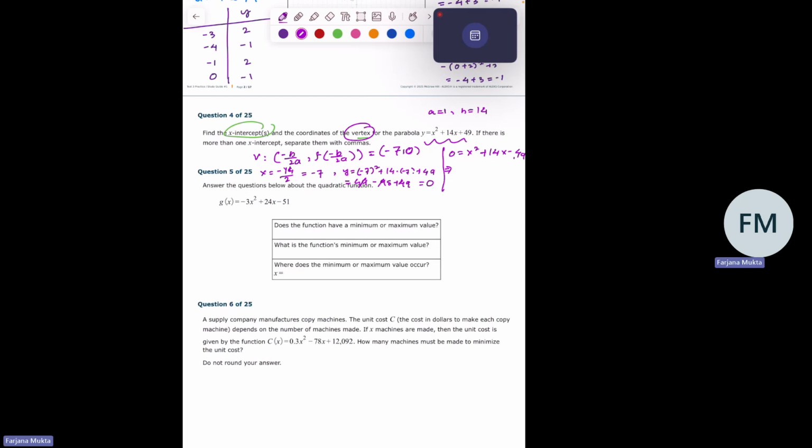Oh, actually everything was positive. My bad. So this is positive 49. Now 7 and 7 works perfectly. So (x plus 7)(x plus 7). If you multiply 7 and 7, 49. If you add them, it's 14. So that means our solution is x equals -7 with multiplicity 2, right? Because it's the same factor twice.